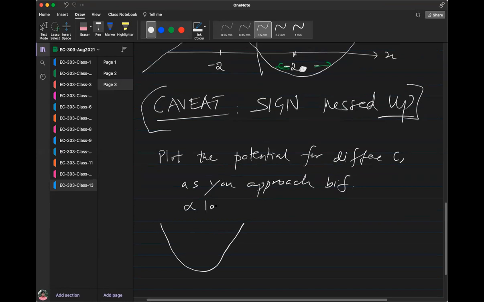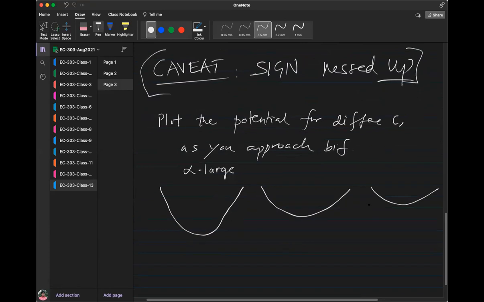Alpha is large, right? And when you get closer to threshold, what happens to alpha? Alpha becomes smaller and smaller. So what does that mean, by the way? So I'm writing 3 potential functions for different alpha values.